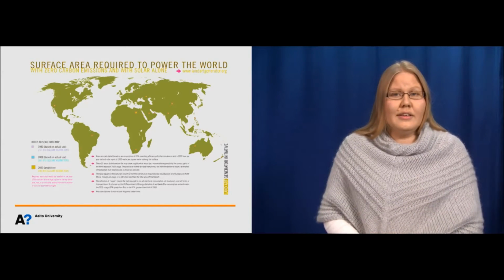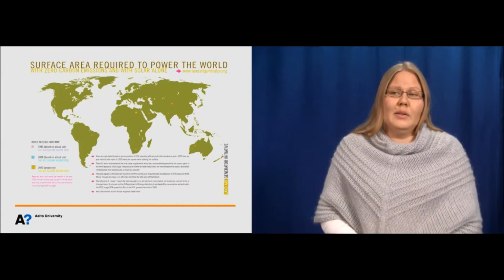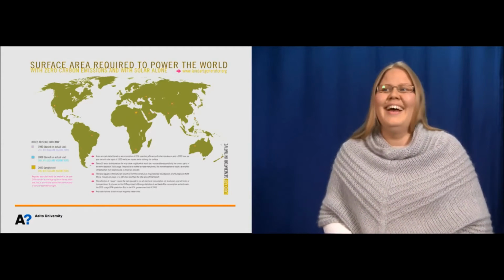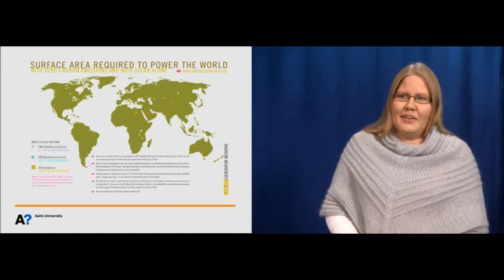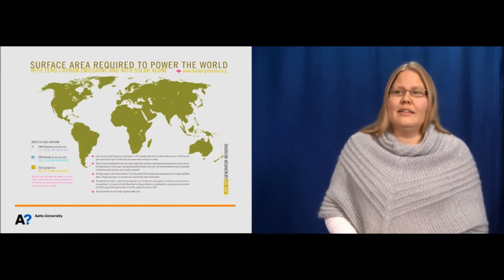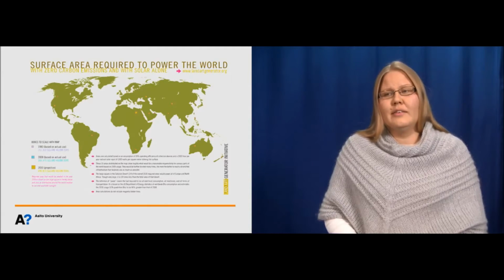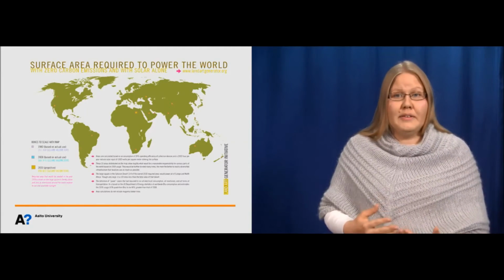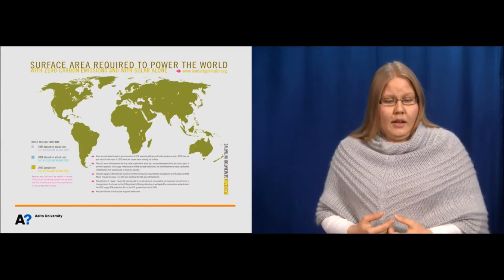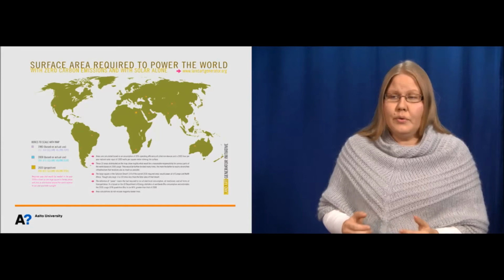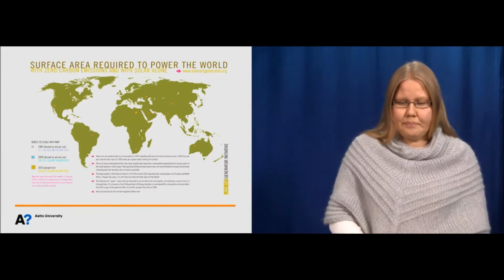And you can see that actually you don't need very much area in the world to fuel, so to speak, the entire world with solar power. And you can also see that we could utilize areas which are not suitable for any kind of habitation, or for instance, production of food or biomass.